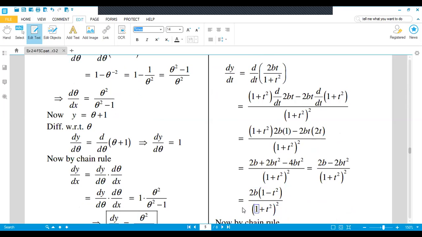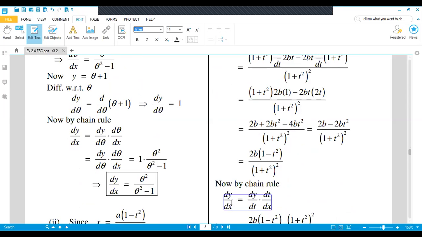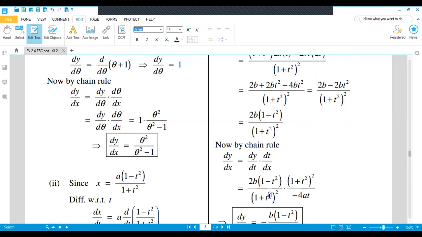Now by chain rule, we are going to find dy by dx, which is equal to dy by dt into dt by dx. So dy by dt is equal to this 2b into 1 minus t square divided by 1 plus t square whole square, and dt by dx we already found.